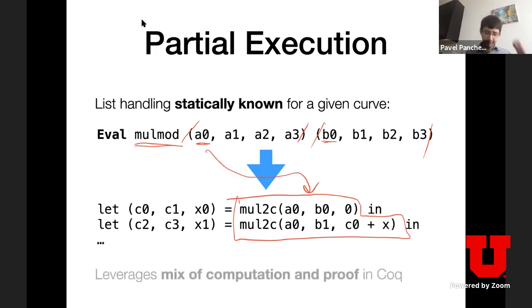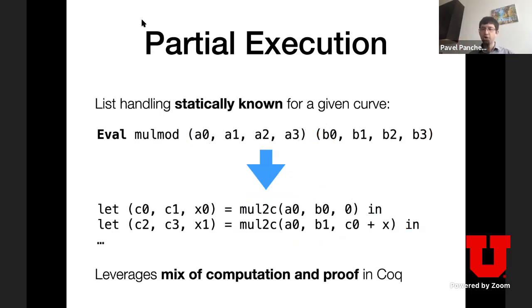So this is basically leveraging that built-in computational procedure, the fact that you can run your dependently typed language as well as checking the proofs. And you're using that to automatically generate the low-level operations that you want to execute in your code. So, questions about this idea of splitting the high level from the low level code, and then using partial evaluation to produce the low level code itself.